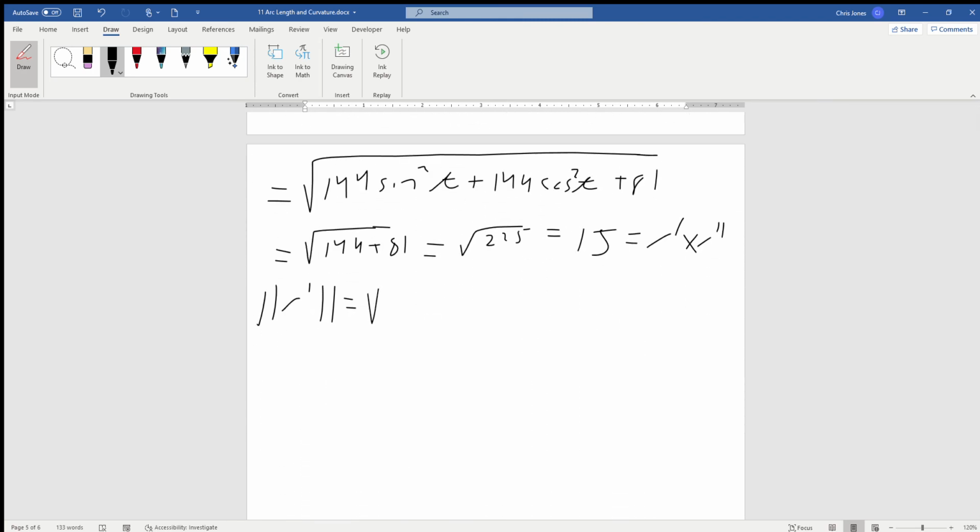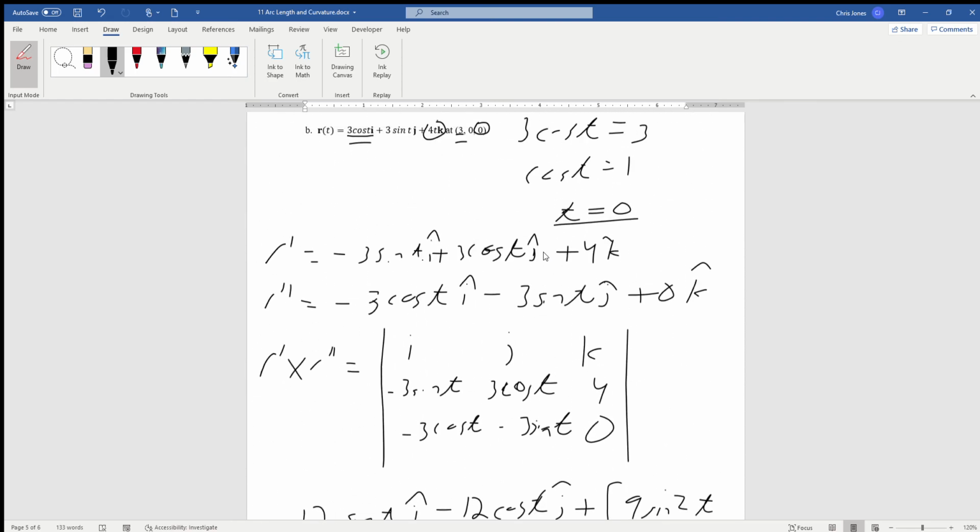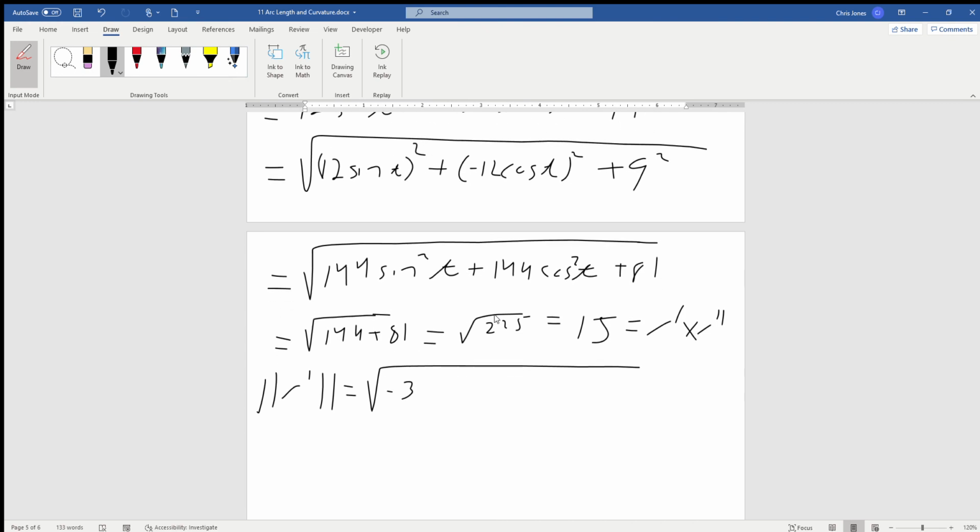That's going to be the square root of (negative 3 sin t) squared plus (3 cos t) squared plus 4 squared.